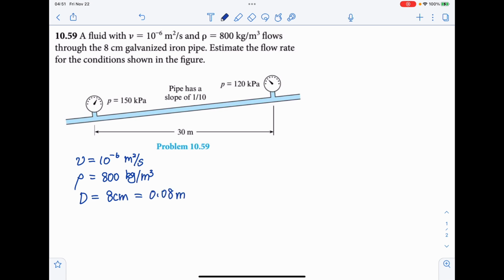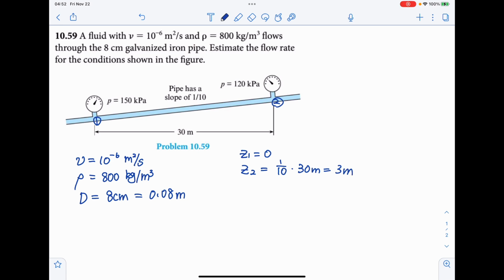And we have a slope of 1/10, between point 1 and point 2. The horizontal distance is 30 meters and the slope is given. So if we say Z1 is 0, then Z2 is going to be 1/10 times the 30 meters, so it will be 3 meters high.